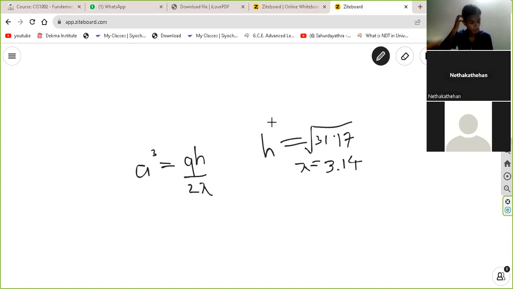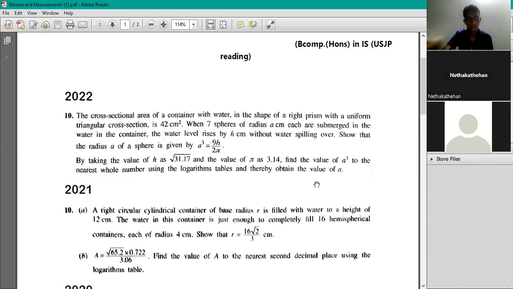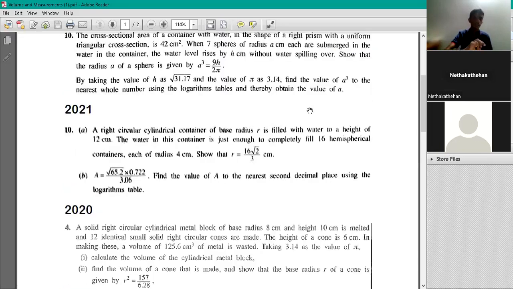2021. A right circular cylindrical container of base radius R is filled with water to a height of 12 centimeter.